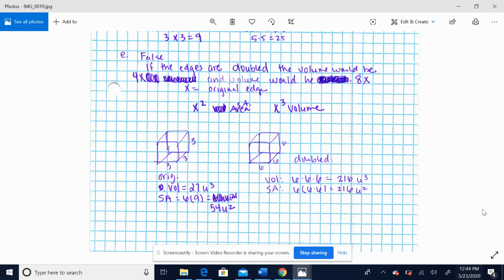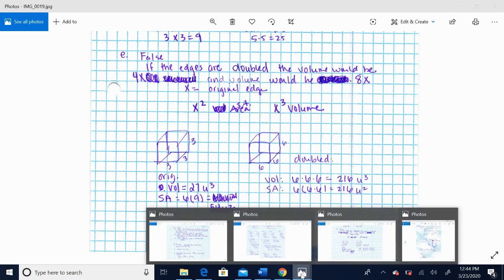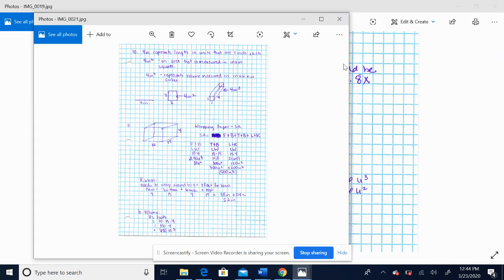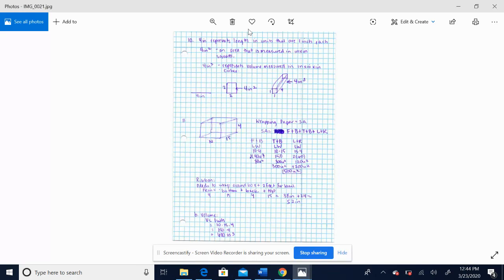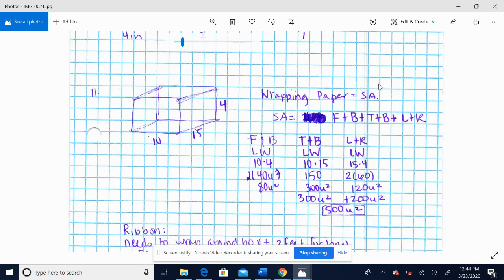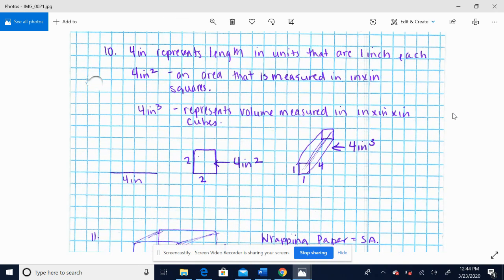All right, moving on to that last segment, which is question 10. Question 10 specifically asks me to explain what these things mean, how they're similar and how they're different, and you could include pictures representing each one.